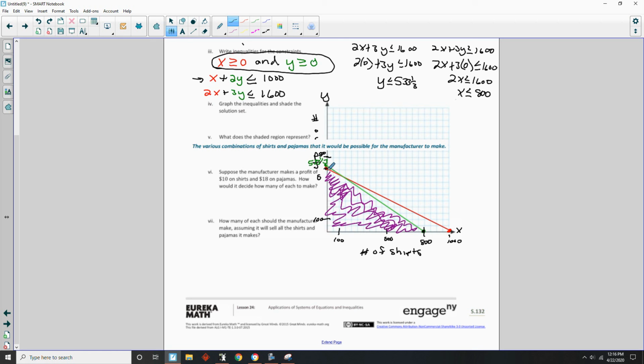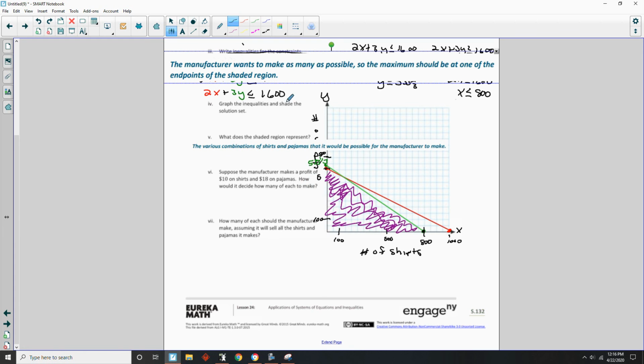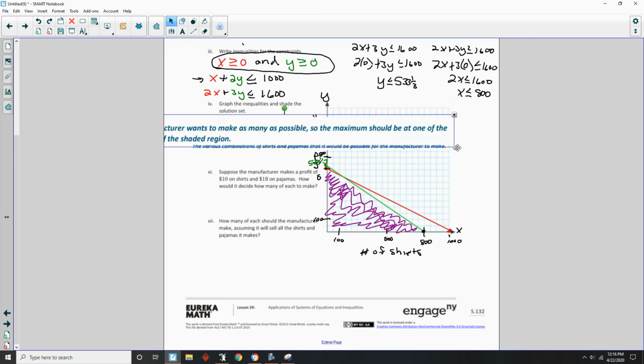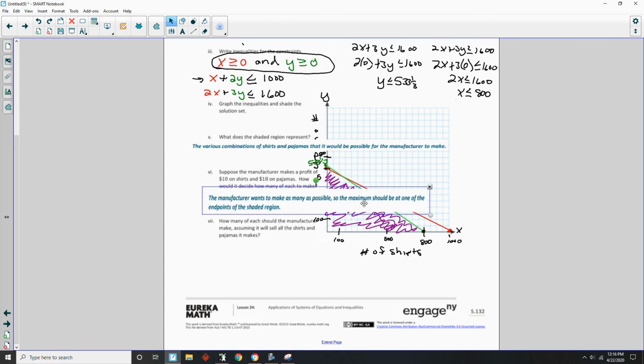So the manufacturer, let me just shrink this down a little bit and move it over to our answer. So the answer to that is the manufacturer wants to make as many as possible, so the maximum should be at one of the endpoints of the shaded region.